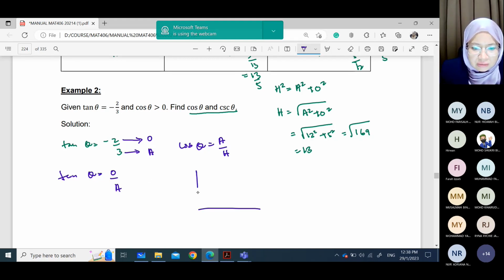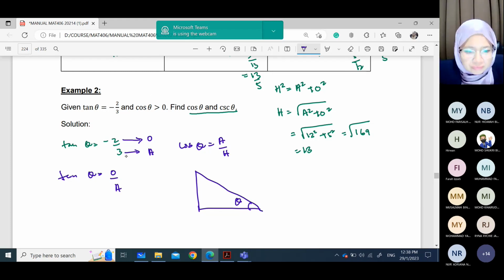Alright, so macam nak cari? Kita draw lah triangle. So this is our angle. So yang ini opposite is 2. Adjacent is 3. Jadi hypotenuse dia berapa? Square root 3 squared plus 2 squared.